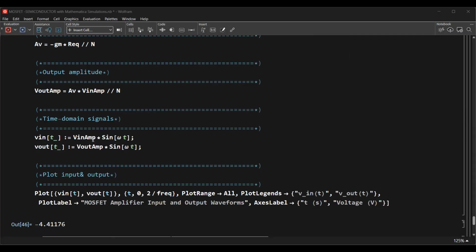Vin is equal to the input amplitude times the sine of the angle, where the angle is omega times the time. So we have the V out here, the output amplitude times the sine of omega times the time.